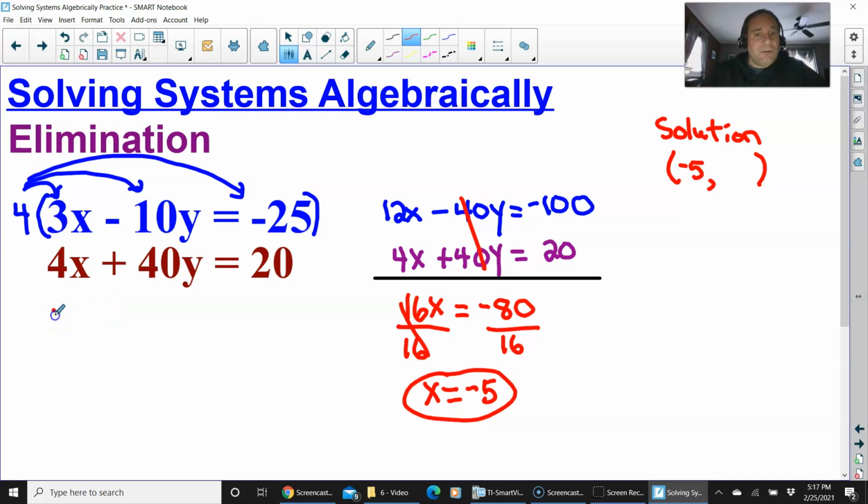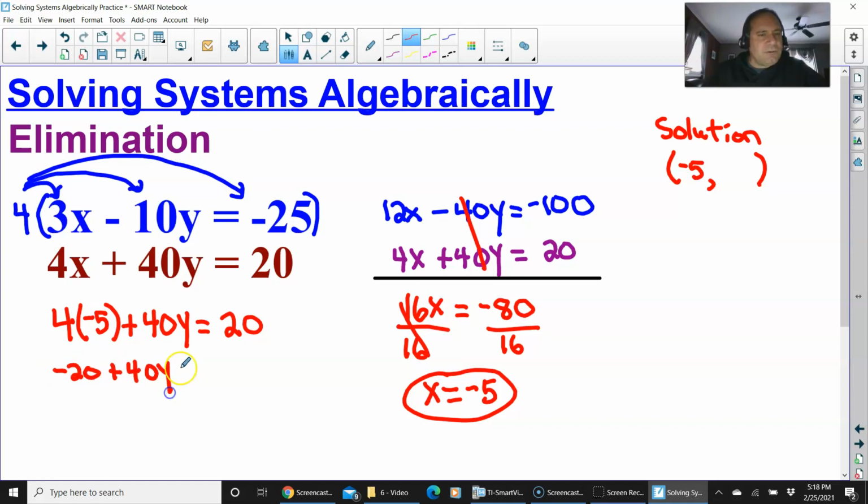So I'm going to rewrite this. 4, instead of x, I am going to put -5 because that was what I solved for. So 4 times -5 is -20 plus 40y equals 20. You add 20 on both sides, and this cancels.